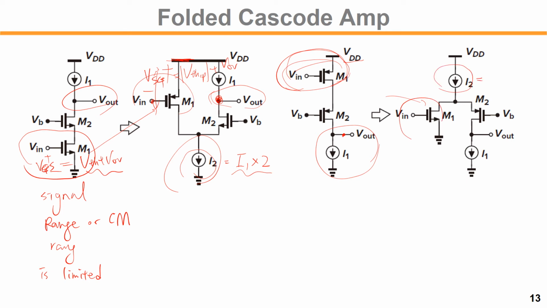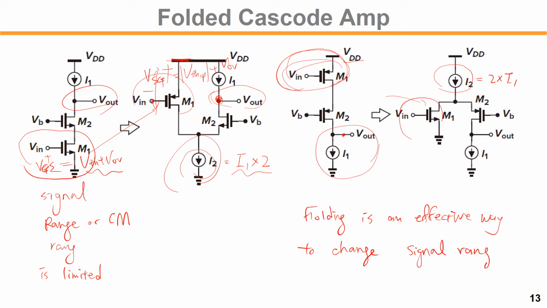This current source is also 2x larger, 2 times I1. So folding is kind of an effective way to change signal range, right? Okay.